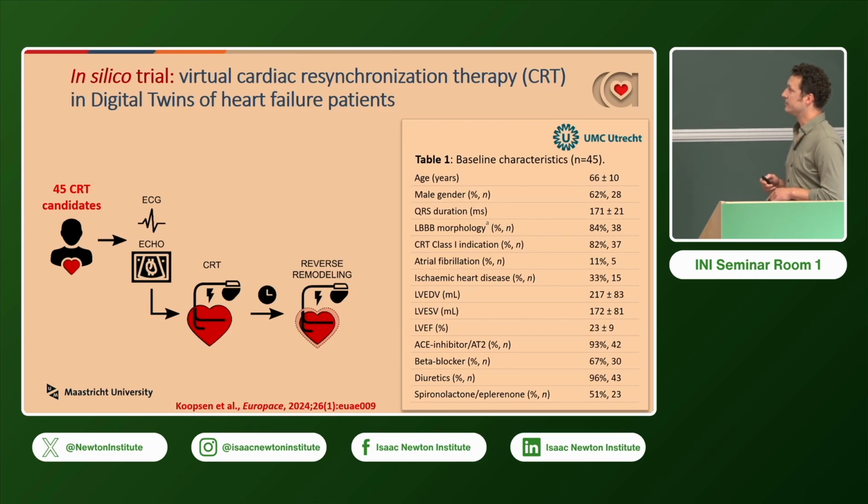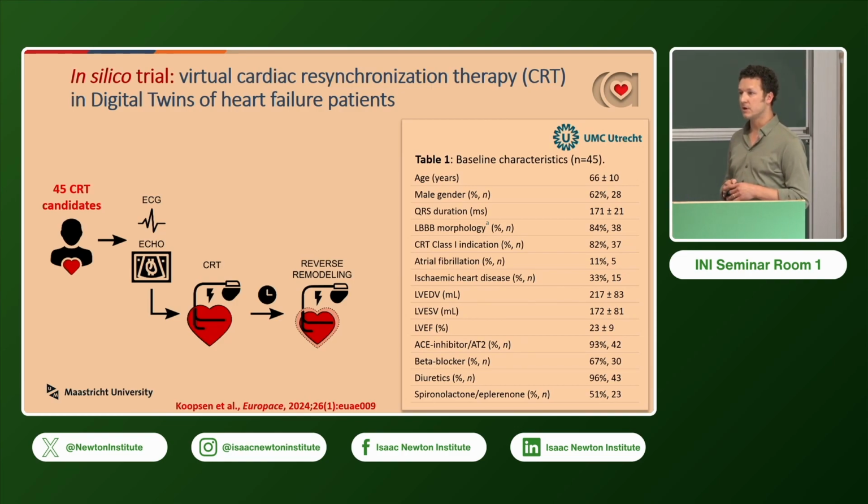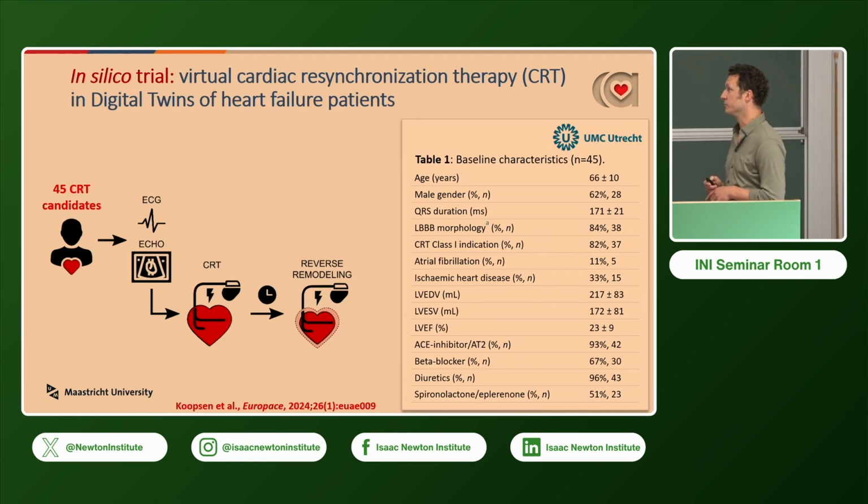There's a whole community investigating that using echo, mostly strain, but those signals are really hard to interpret, as you probably know. There are many forward modeling studies that preceded this study, but I do not have the time to mention all of them. We have 45 CRT candidates, heart failure patients with wide QRS.